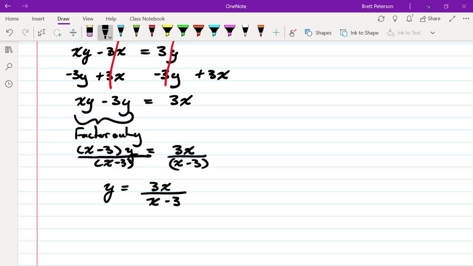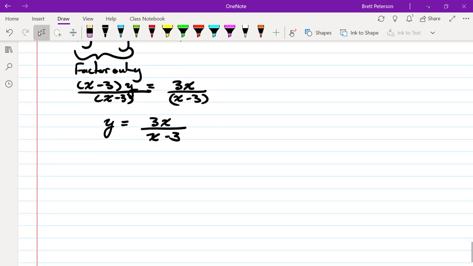So now finally, we're at the very last step, which is step 4, and we are going to replace y with f inverse of x.